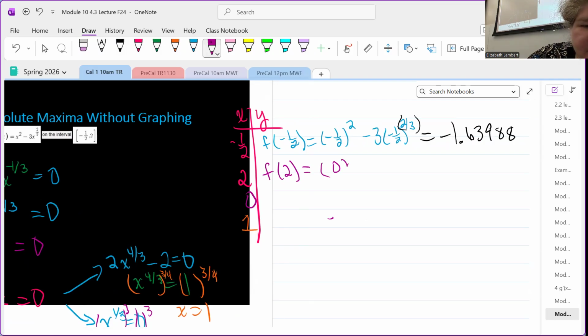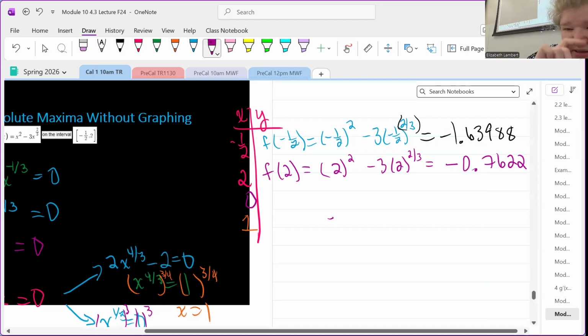So not 0. Skipping ahead, sorry. So 2 squared minus 3 times 2 to the 2/3. Two squared minus 3 times 2 raised to the 2 divided by 3. Negative 0.7622.